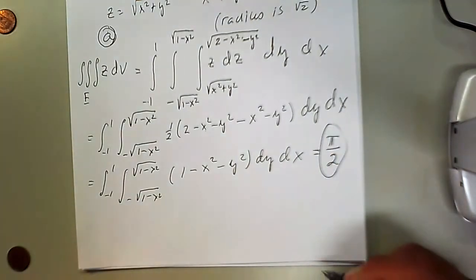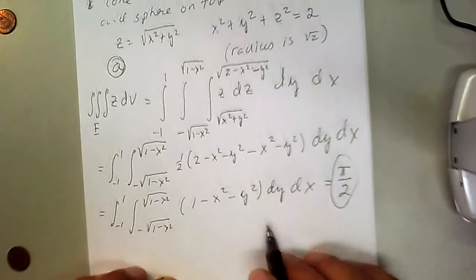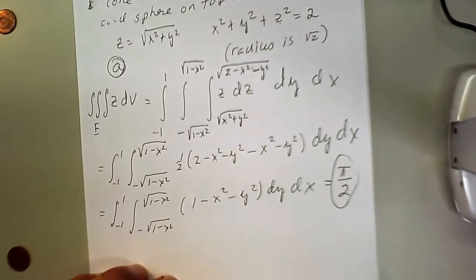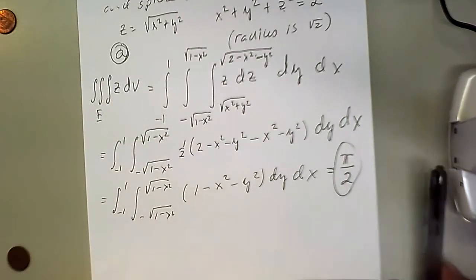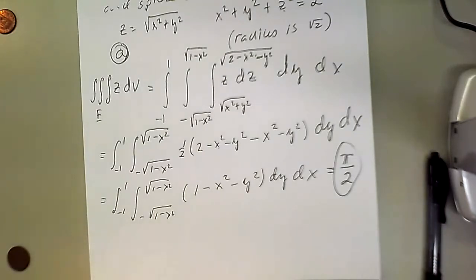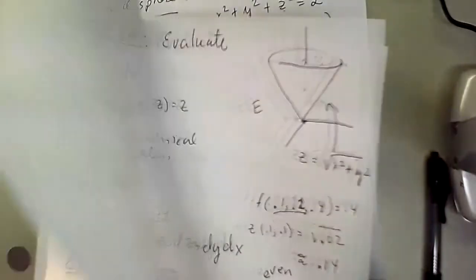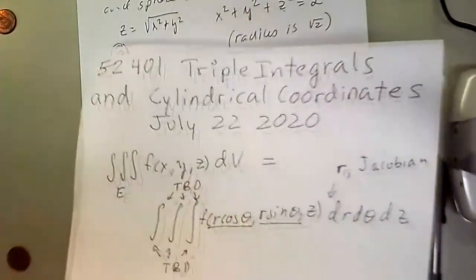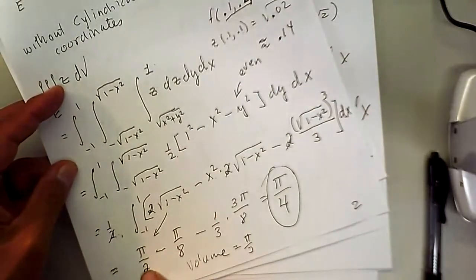Okay. That's the answer for this. We did not use spherical coordinates, but if you remember, when we did this in the video 52401, we went from here to here, and then this one was straightforward.